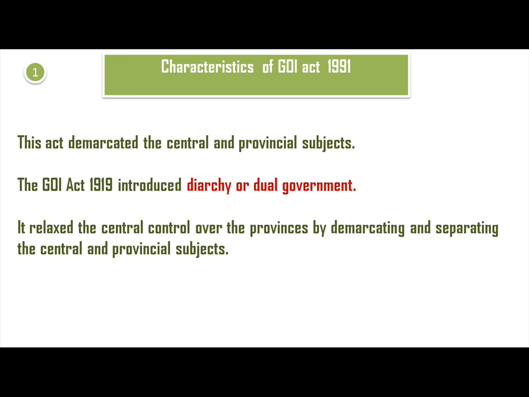Now moving on. One more point: the central and the provincial legislatures were authorized to make laws on their respective lists of subjects. Both the central government and the provincial government have their own authorization to make laws on their respective subjects.